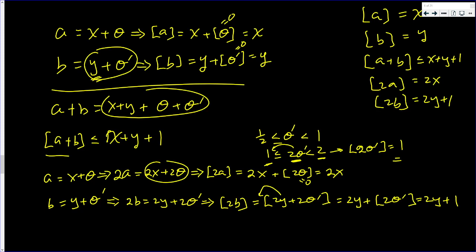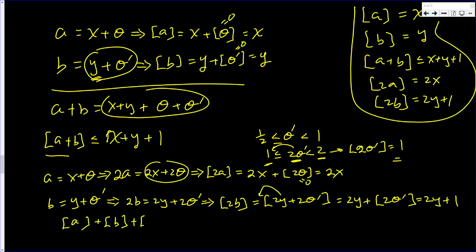So now we have everything that we need. We have to verify that what I'm writing down there is actually less than or equal to twice a greatest integer plus the greatest integer of 2b.